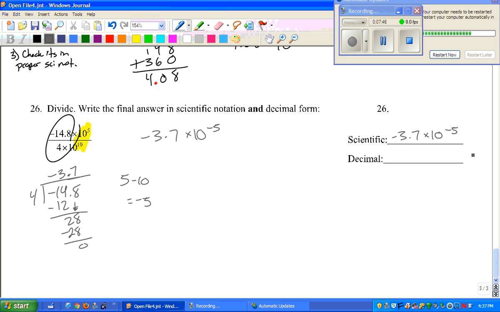And now we just wrote that in scientific notation, but now in decimal form, it's a small number, so we have to move the decimal to the left. Okay? So 1, 2, 3, 4, 5. 1, 2, 3, 4, and then the 3. Okay?